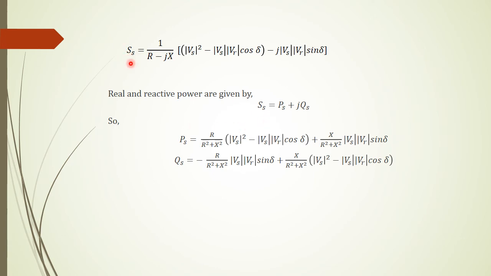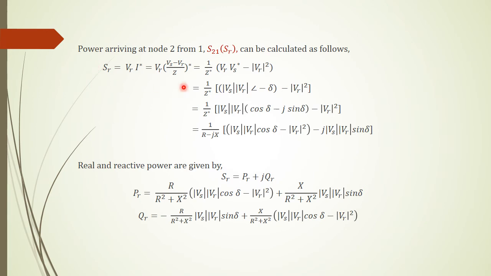Take note that the apparent power Ss has a real part and an imaginary part. So in the end, the real power is given by this formula, and the reactive power is given by this formula. We can use these formulas to calculate the required power and reactive power.